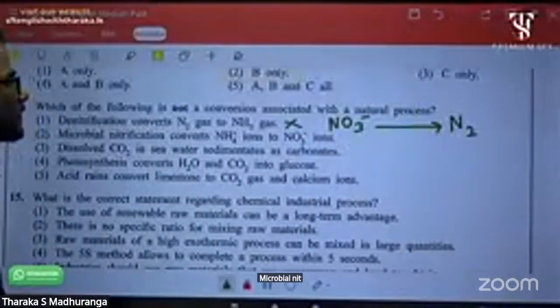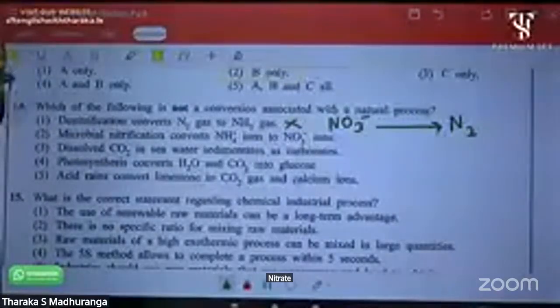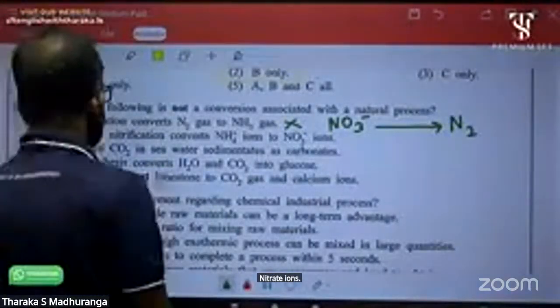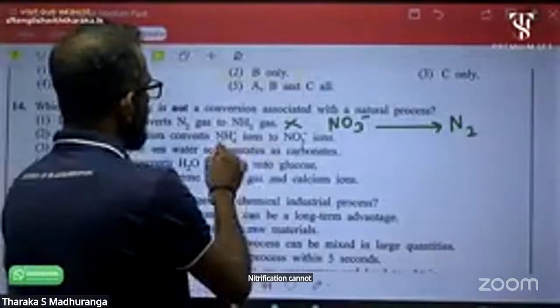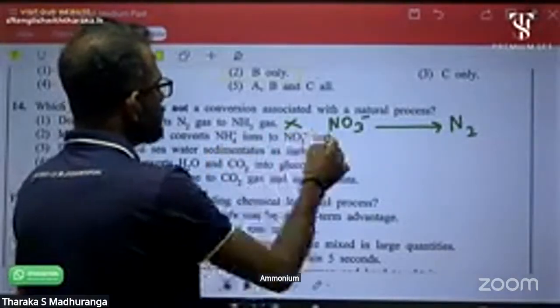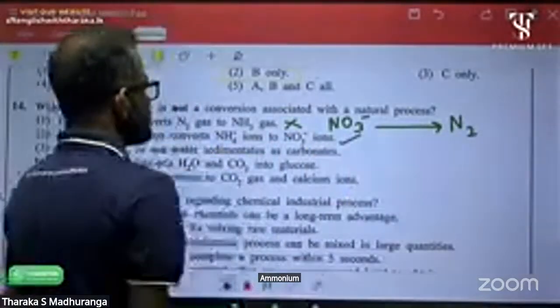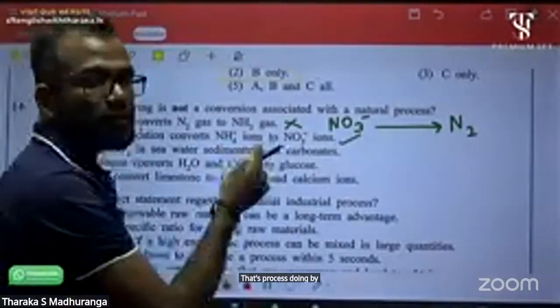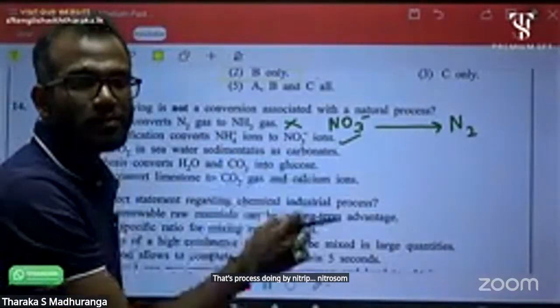Microbial nitrification converts ammonium ions to nitrate ions. Yes, that's correct. This process is done by Nitrosomonas and Nitrobacter.